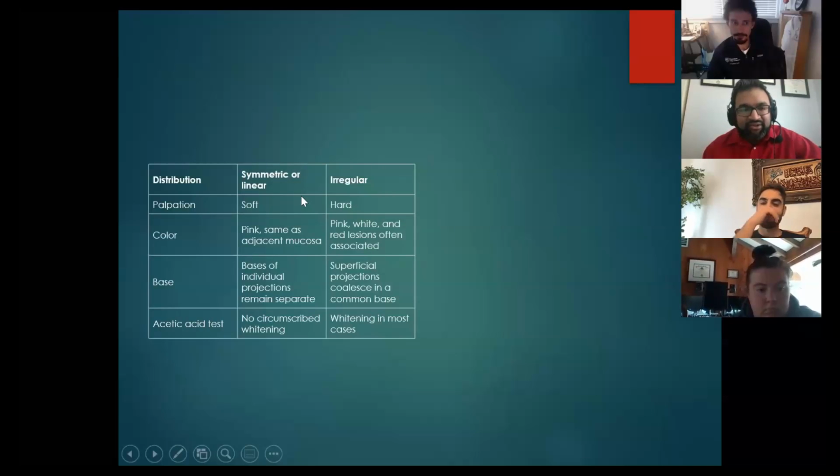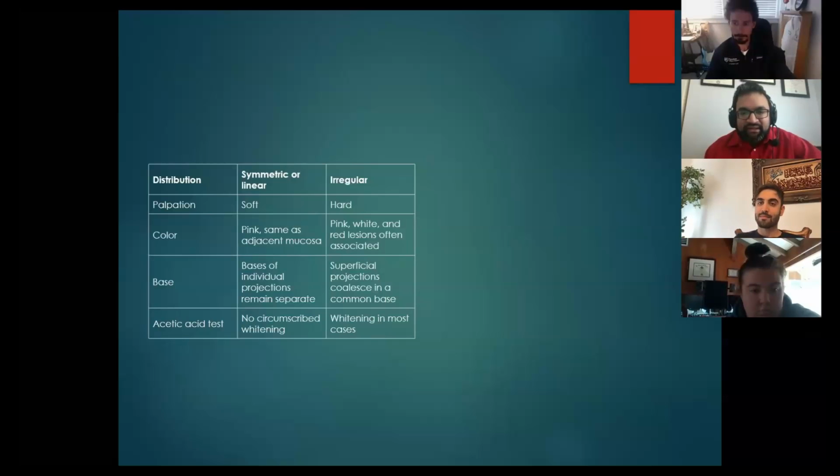And this is kind of how you differentiate between something that is benign versus malignant. Obviously, if you're having irregular distribution on the right, that is more malignant. Left is benign.